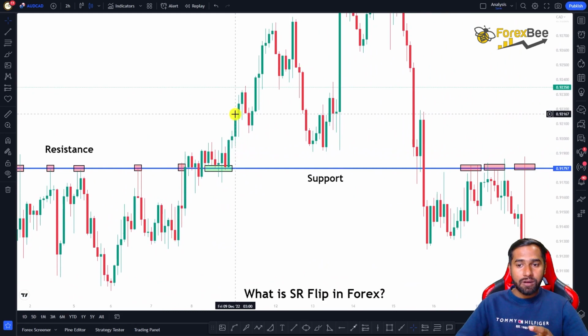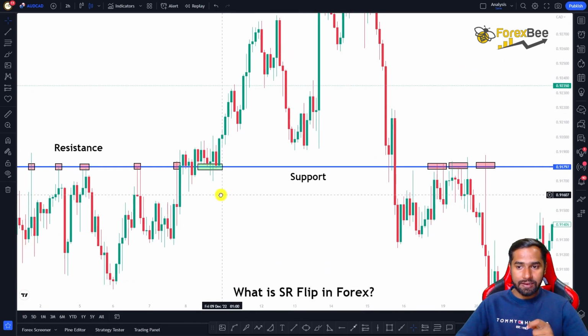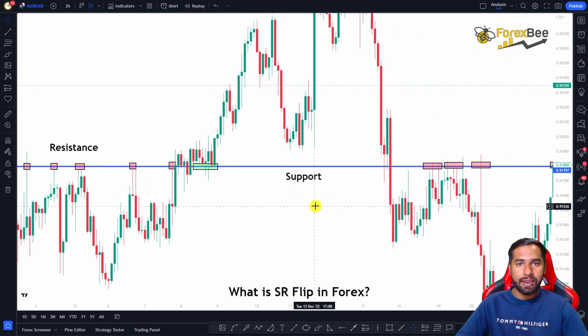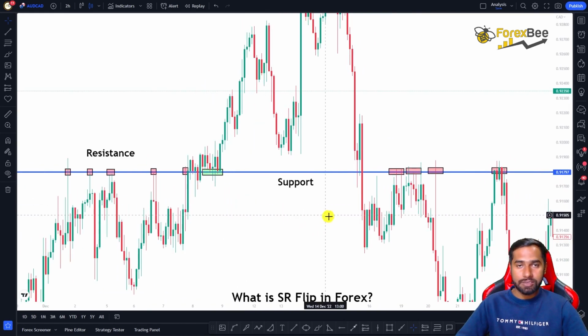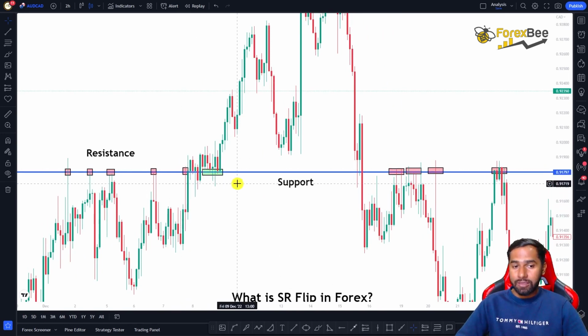If there are a lot of wicks at a certain level, that means that level is very important, because price is not staying at that level, and the wicks or shadows represent price rejection from a certain level. Whenever there is a formation of wicks at a certain level, that means the price is not staying at those levels and there is a lot of price action happening. So those levels will become our key levels, and those levels will be called SR flip levels.